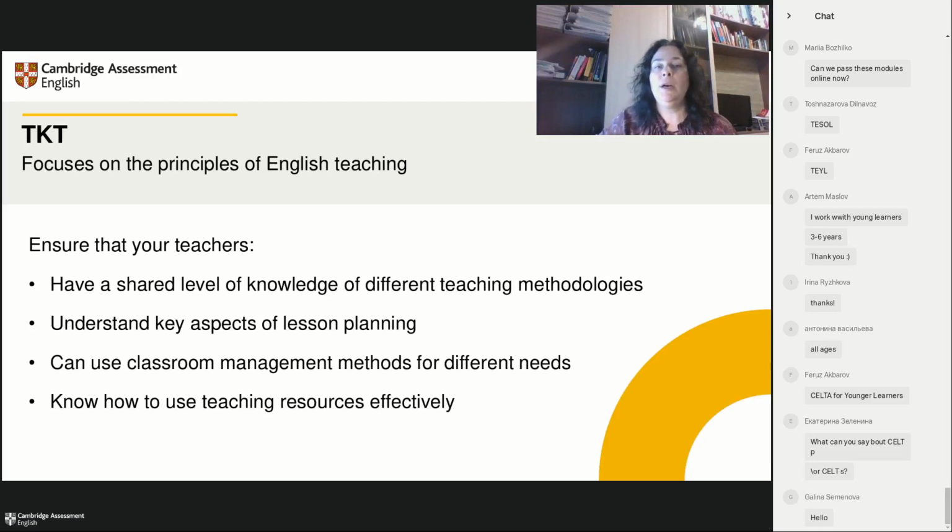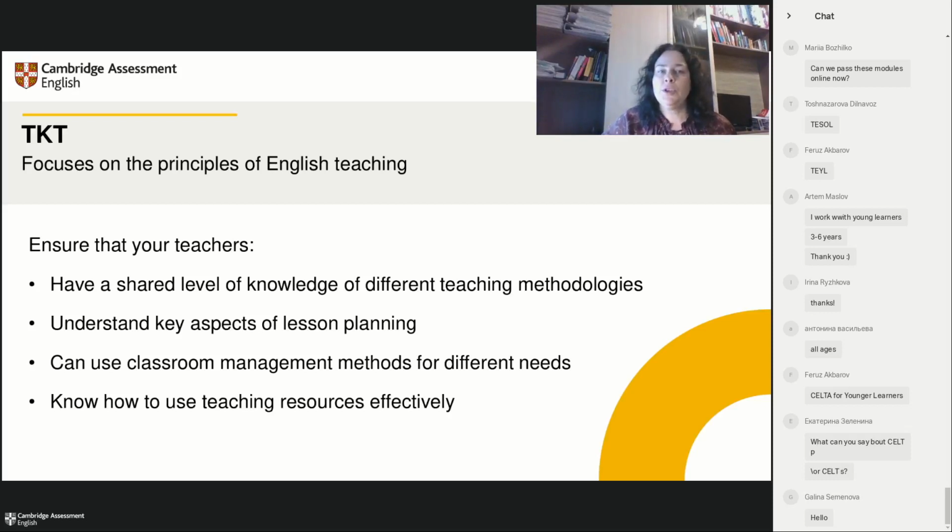That you know a variety of teaching methodologies. You know a wide range of teaching techniques, different types of practice activities. You know how to plan your lessons, keeping in mind your learners' needs.